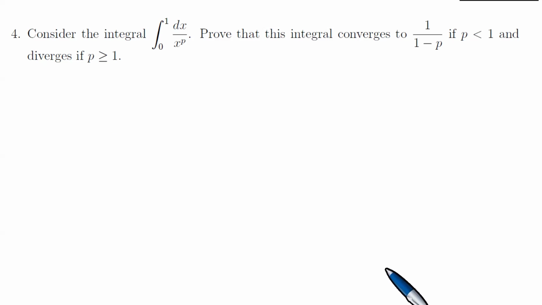Okay, now let's look at number 4. Consider the integral from 0 to 1 of dx over x to the power p. Prove that this integral converges if p is less than 1 and diverges if p is greater than or equal to 1. Let us look at this particular integral here. This involves something we call the p series, and there's something called the p series test.